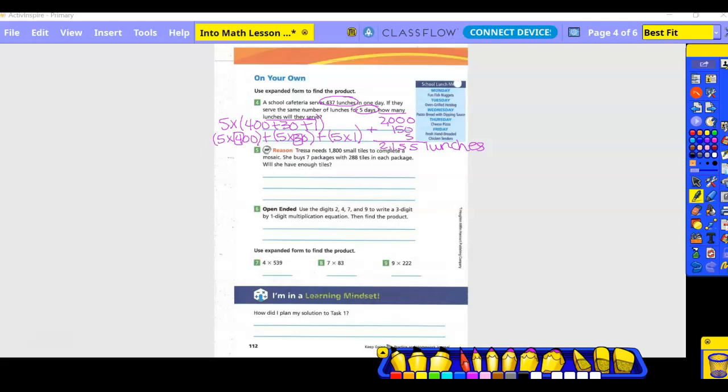Number 5. Tressa needs 1,800 small tiles to complete a mosaic. She buys 7 packages with 288 tiles in each package. Will she have enough? So we're going to draw the line, so yes or no, because, and then we're going to put 7 times parentheses 200 plus 80 plus 8. And then we're going to do 7 times 200 plus 7 times 80 plus 7 times 8. So we put this in a box.